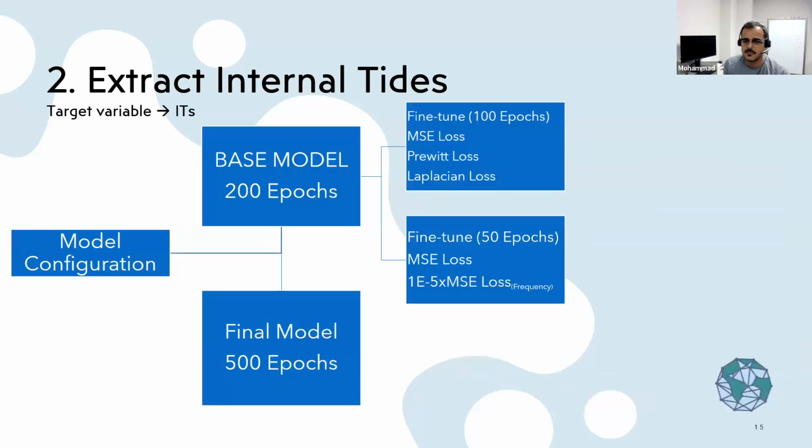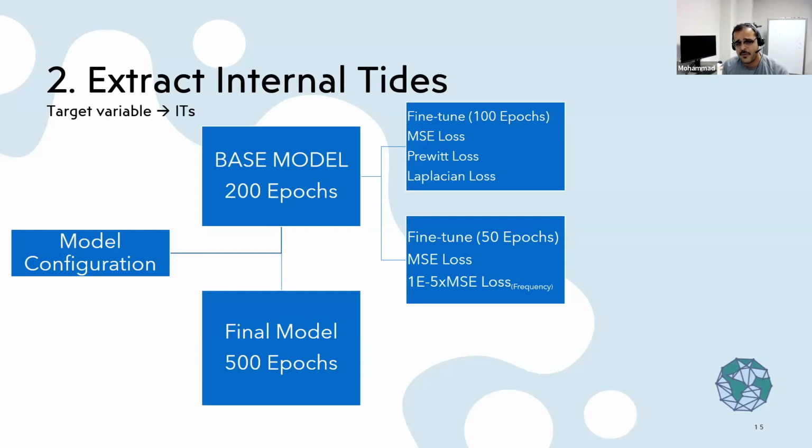For this model, we trained in 4 different configurations. For the baseline, the model was trained for 200 epochs. For the first variant, the trained model was fine-tuned for another 100 epochs using mean square error plus first order and second order derivatives loss.